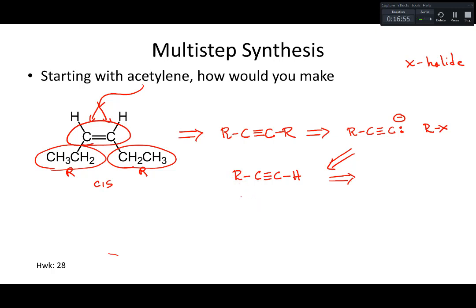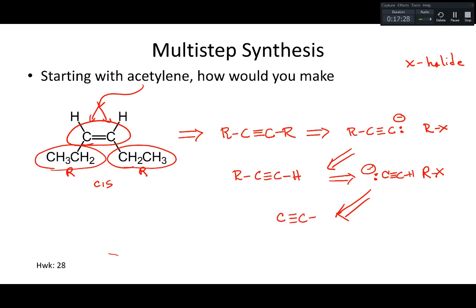Well, I had to do, again, RX. And then I had this. Oh, it's an acetylide ion like this. And then to make that, I had to start with this.